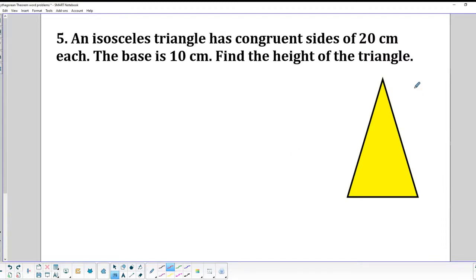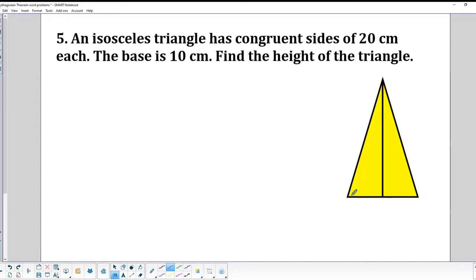An isosceles triangle has congruent sides of 20 centimeters each. The base is 10 centimeters. Find the height of the triangle. So basically what they're saying you need to do is divide this in half, create two triangles out of it, and then you're going to find the height of the triangle. Now you've got to keep in mind you have some of the measurements here.